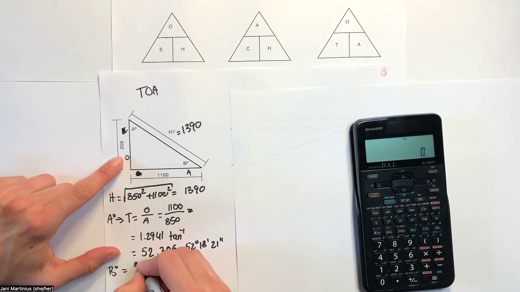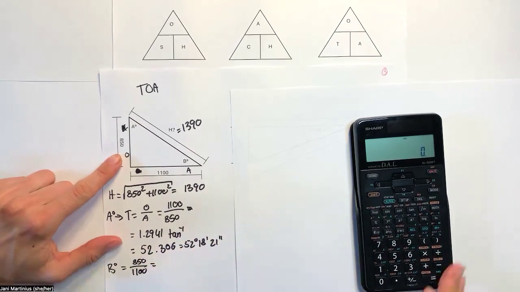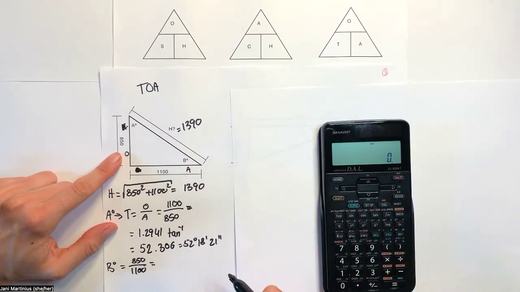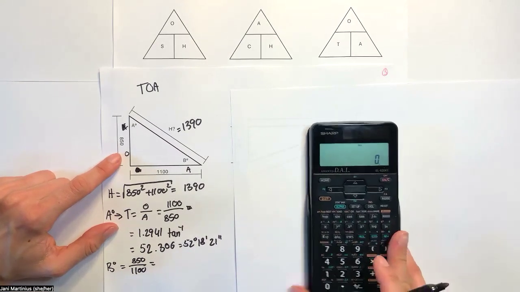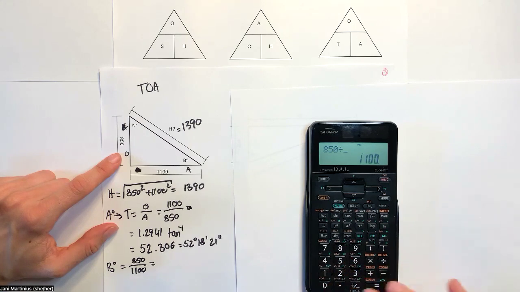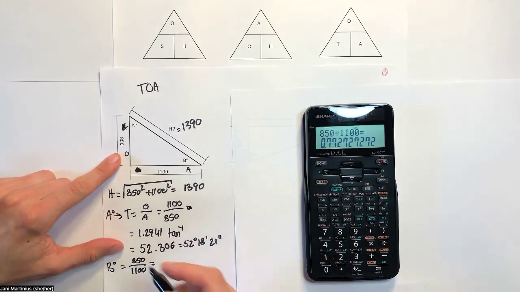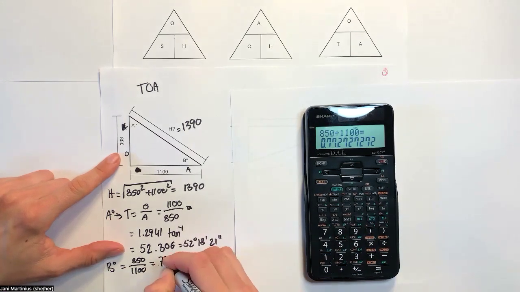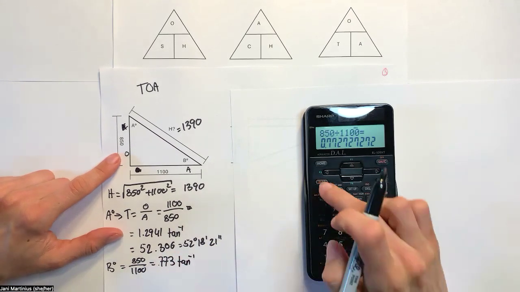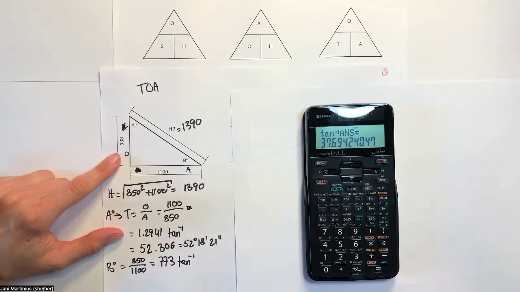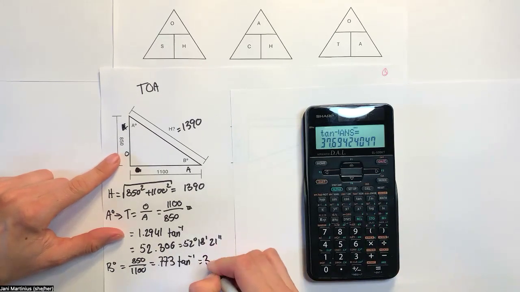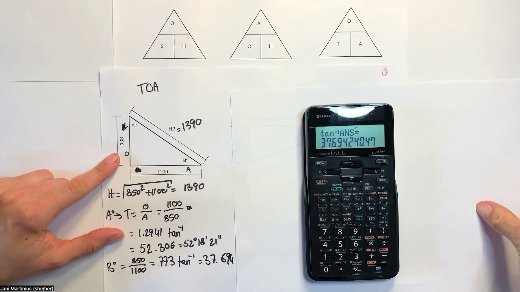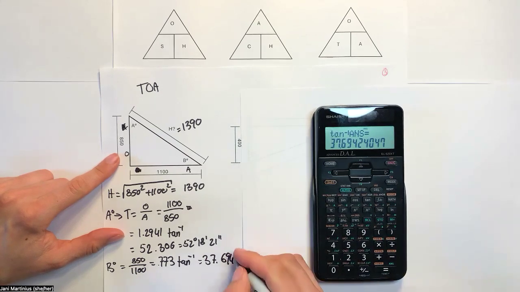Opposite, 850 over 1100. And you notice it's the same numbers, but we're flipping them for the other angle. So 850 over 1100 is 0.773. The inverted tan function gives us 37.694 degrees.